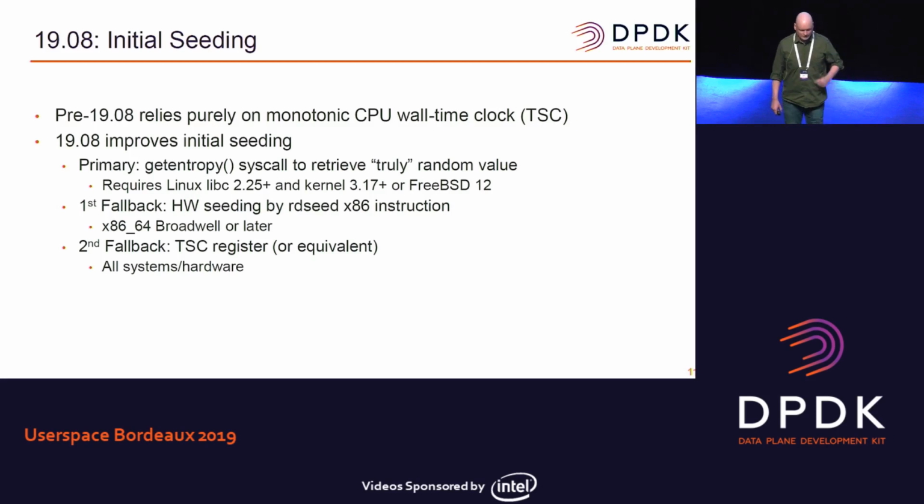If it's available in libc and available in the kernel, we use getentropy, which is way better than just using the TSC for seeding. If it's not available, we use the x86 instruction if we're running on Broadwell or later. And then as a second fallback, we use the old approach, just taking the wall time, basically, to seed the generators.